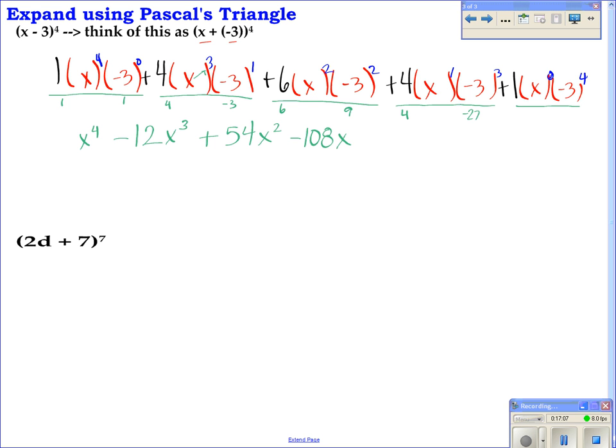And then what about here? It's -3 in parentheses to the 4th power. 81. There's your answer.